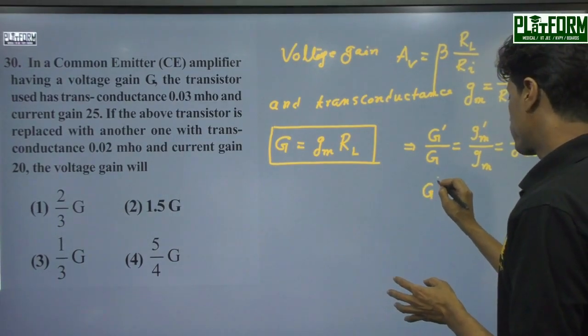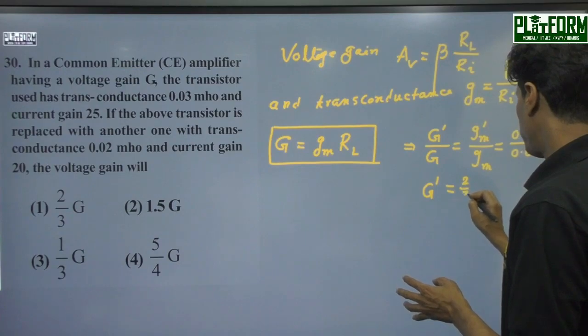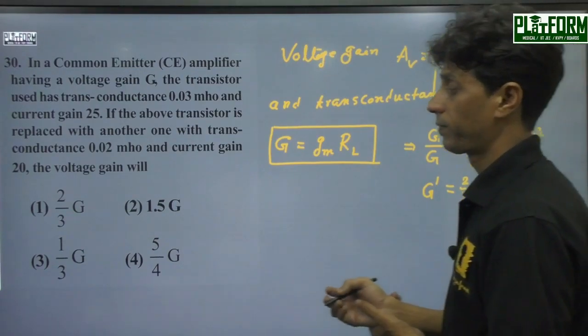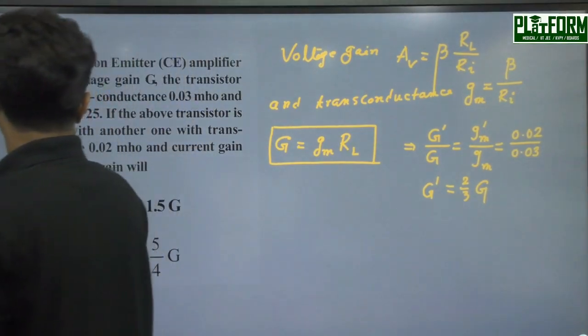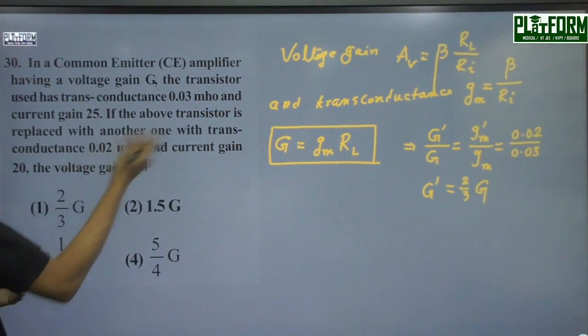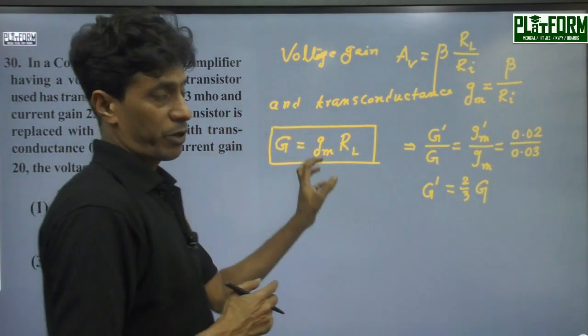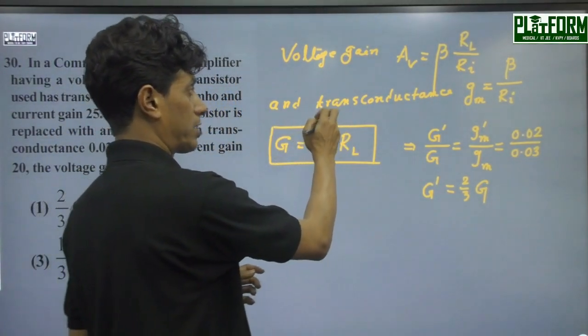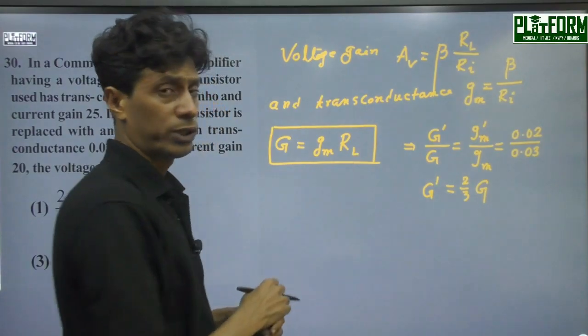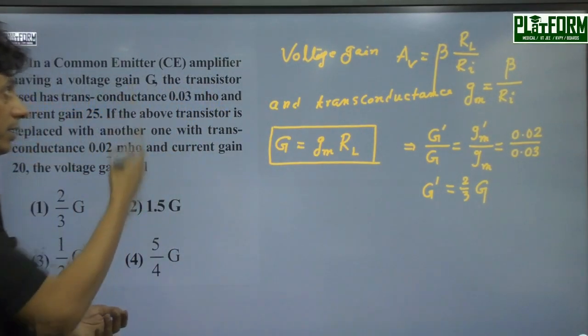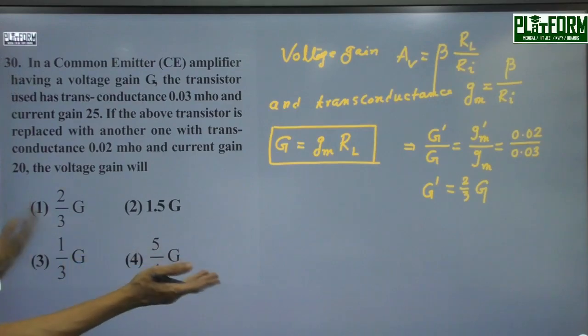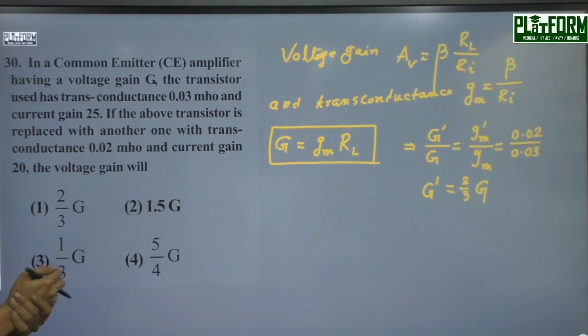So the new voltage gain becomes 2/3 G. Current gain is not important here, it is just given in the problem, but we have to solve this problem by taking the transconductance, because voltage gain is equal to transconductance into load resistance. In both cases the load resistance is the same, so G is proportional to GM, and in this way G prime is 2/3 G, and the right option is 1.